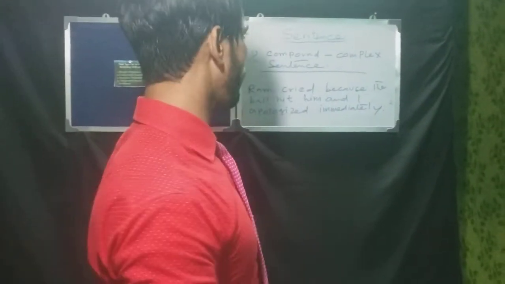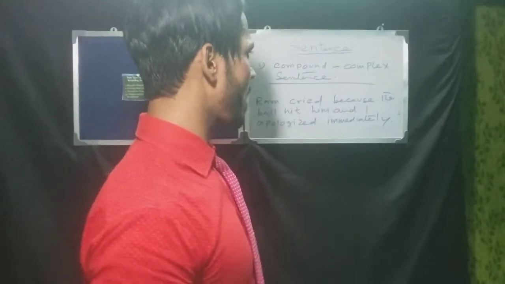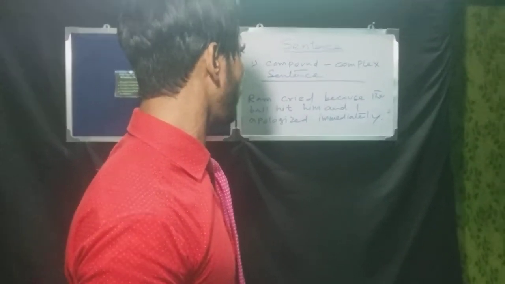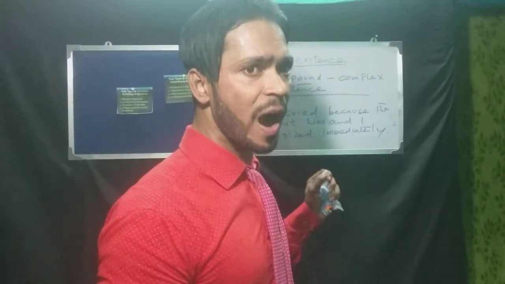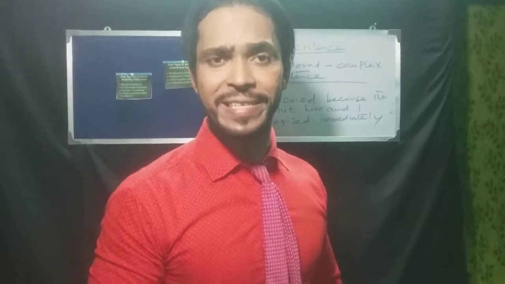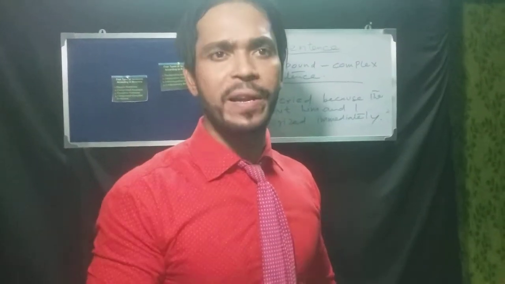This is an example of a compound complex sentence. Ram cried because the ball hit him and I apologized immediately. So what I have just told you about compound complex sentences, it has two independent clauses and at least one dependent clause.